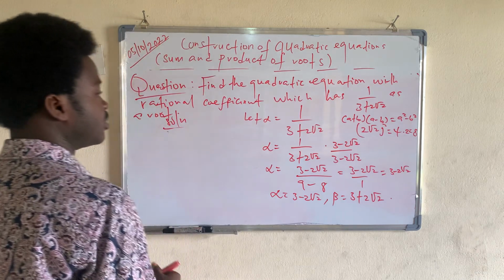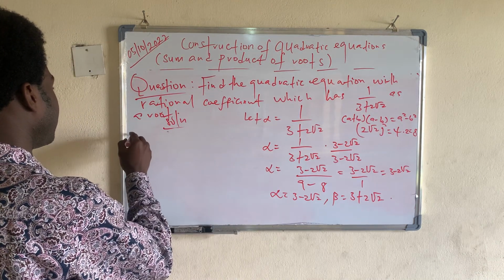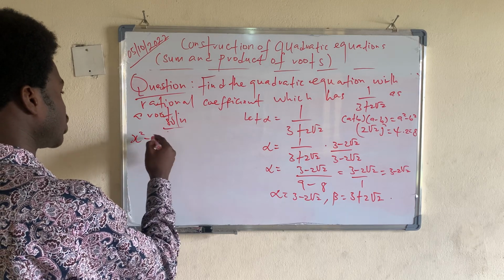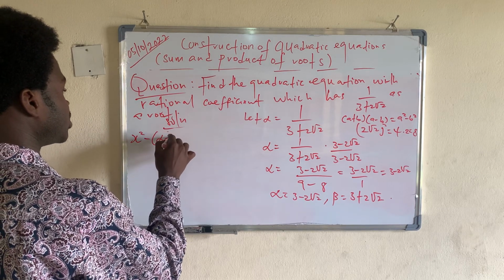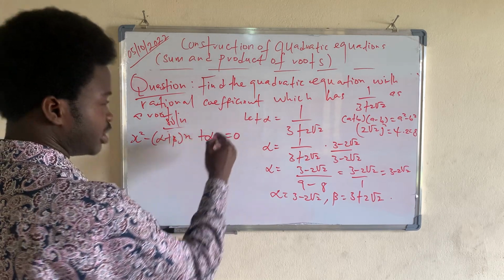Now we know that the general form of our quadratic equation is x² minus the sum of roots, α + β, times x, plus the product of roots, αβ, equal to 0.